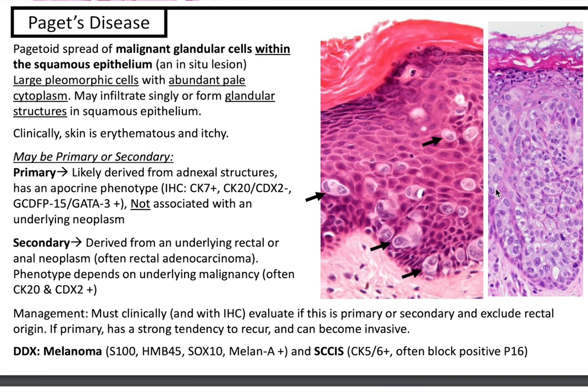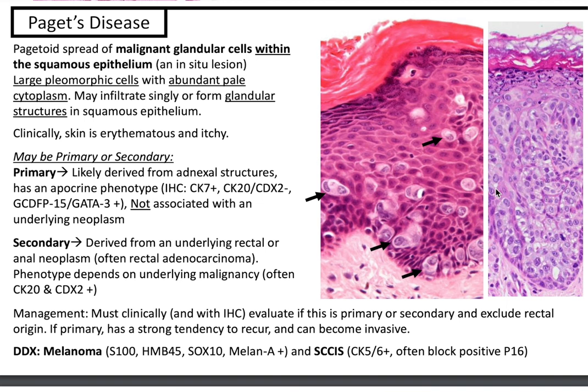Paget's disease can be primary or secondary. Primary means it's likely derived from adnexal structures and has an apocrine phenotype where it'll be CK7 positive, CK20/CDX2 negative, GCDFP-15/GATA3 positive, and not associated with an underlying neoplasm.